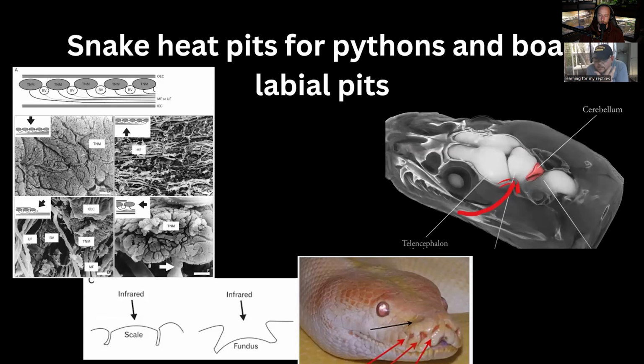As you look at this ball python, it's so close to the optic tectum. It can send that signal automatically from the very tip of the labials, straight to it. Right.